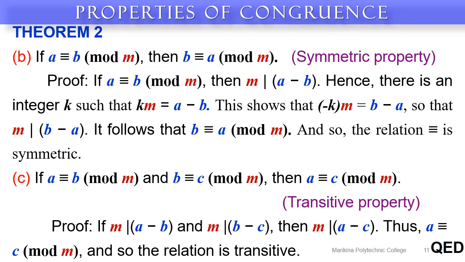Thus, a is congruent to c modulo m, and so the relation is transitive. So here for transitivity, assume that a leaves the same remainder as b on division by m, and that b leaves the same remainder as c, then all three leave the same remainder as each other, and in particular, a leaves the same remainder as c.